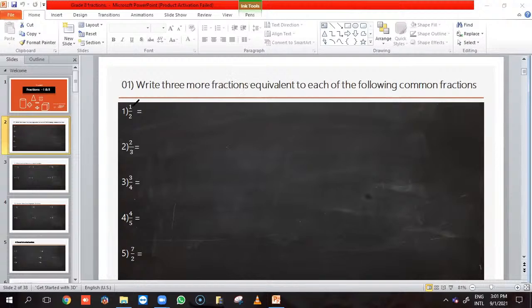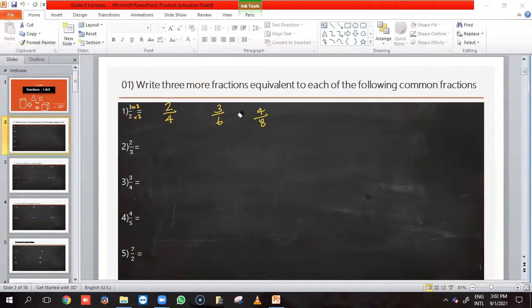So we can multiply both denominator and numerator by 2. 2 times 1, 2 over 2 times 2, 4. And here also you can multiply both denominator and numerator by 3. 3 times 1, 3, 3 times 2, 6. Here you can multiply both denominator and numerator by 4. 4 times 1, 4 over 4 times 2, 8. We got 3 equivalent fractions.